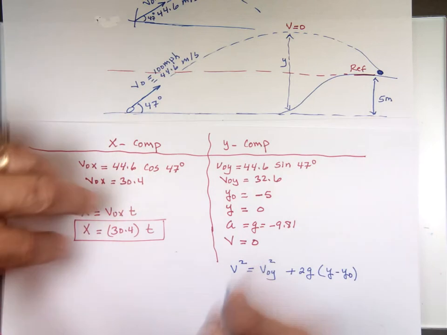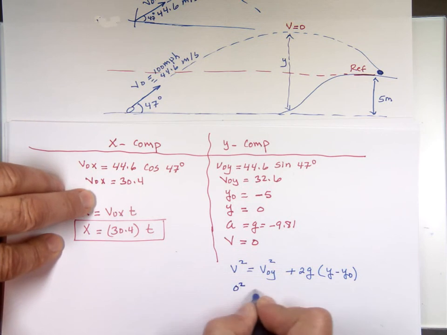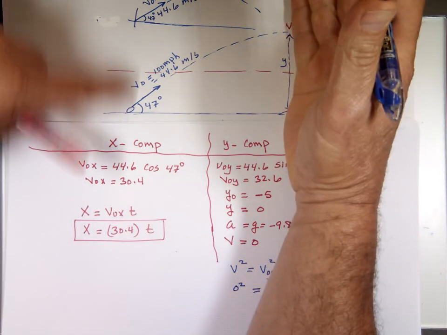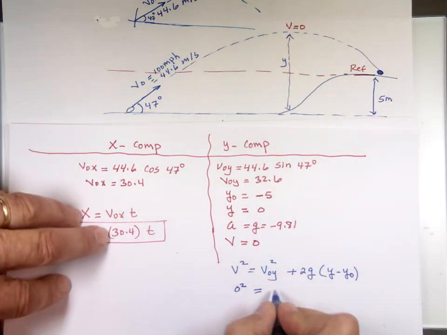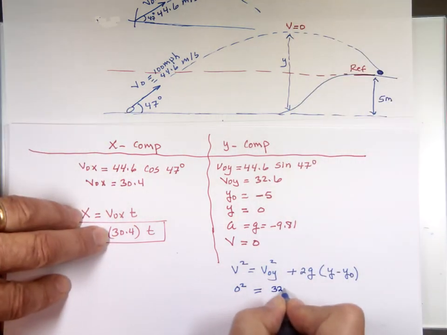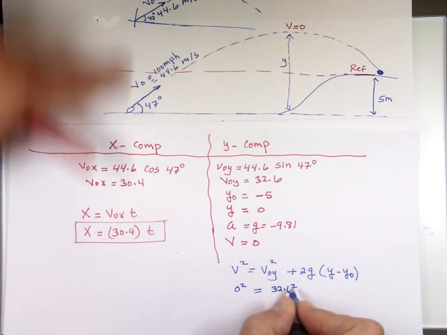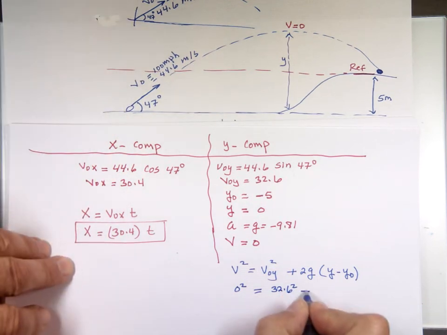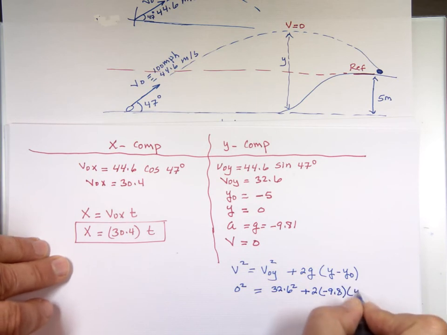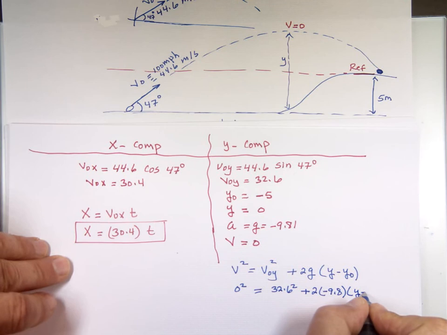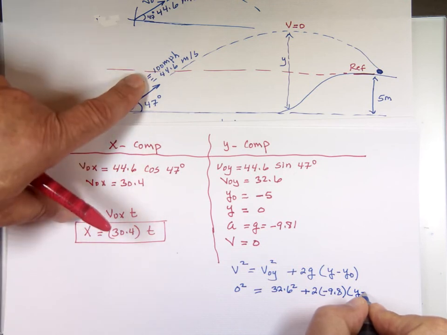What's your initial velocity here? 32.6, positive, right? It was going up. Plus 2 times -9.8 times y minus y sub 0. Y sub 0 here is what? -5, if you want to use this as reference. Yep, so it'll be a plus 5.